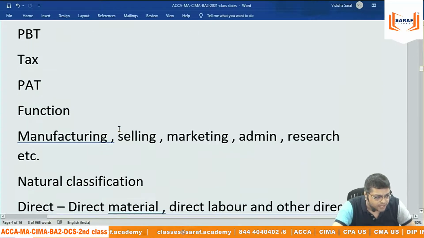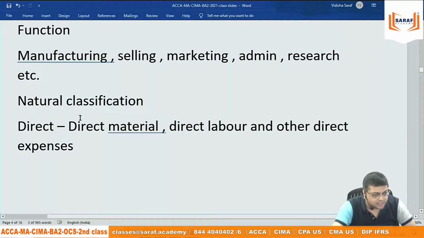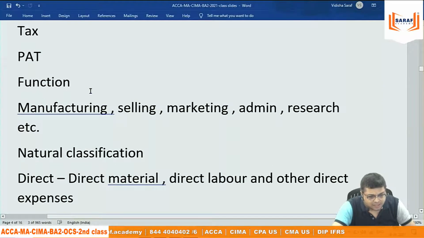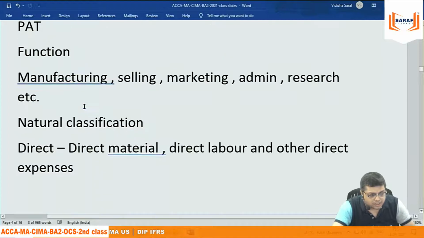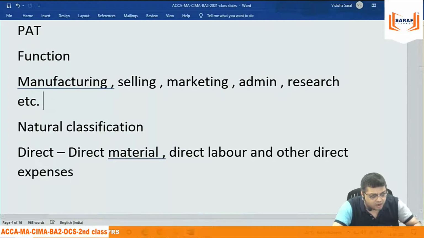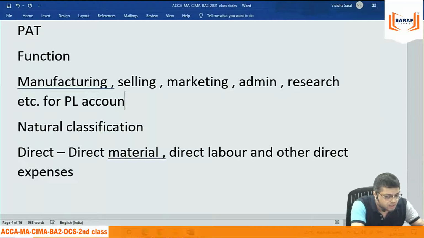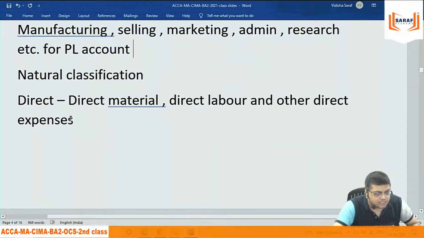So we are proceeding. Last day, first of all, I discussed functional classification. That is like the PL account. Then I prepared the PL account format also. Functional classification is required for the PL account. Natural classification I discussed: direct, indirect.